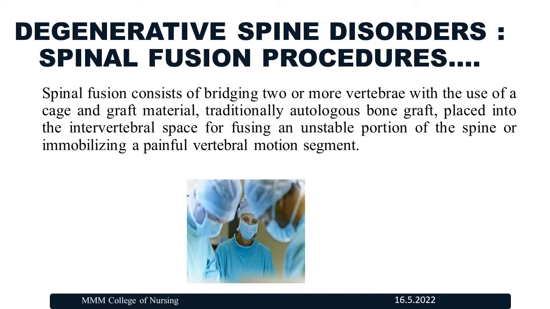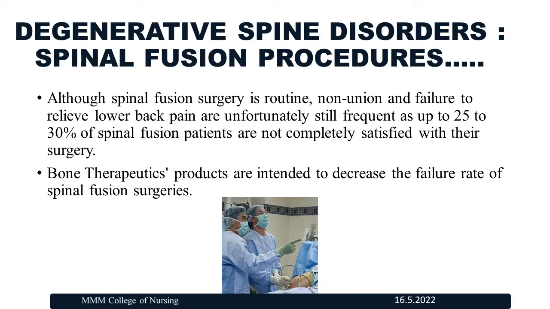Spinal fusion consists of bridging two or more vertebrae with the use of a cage and graft material, which is traditionally autologous bone graft placed into the intervertebral space for fusing an unstable portion of the spine or immobilizing a painful vertebral motion segment.